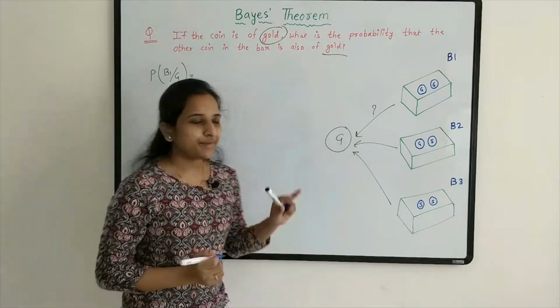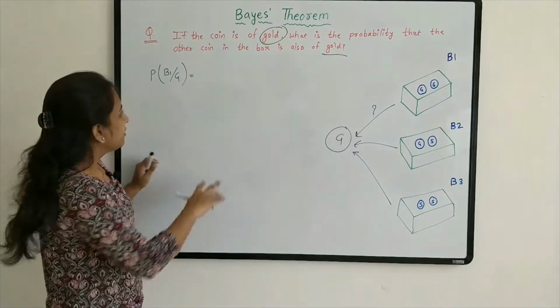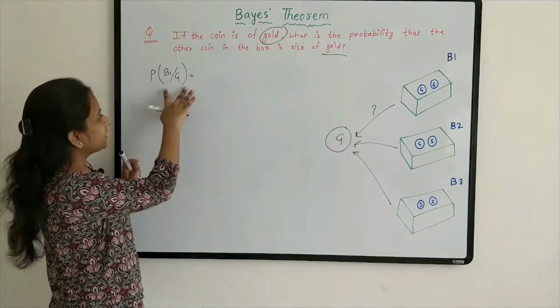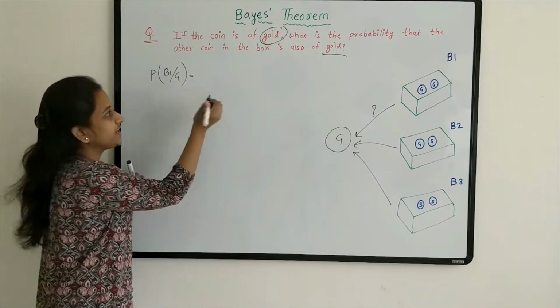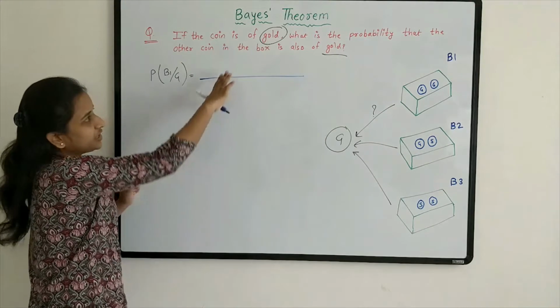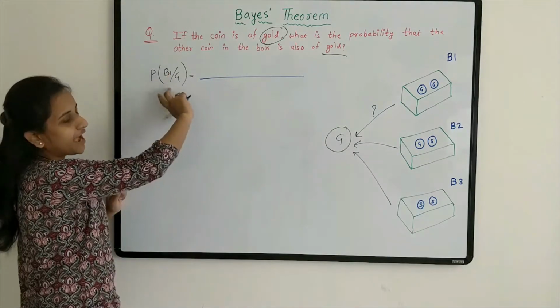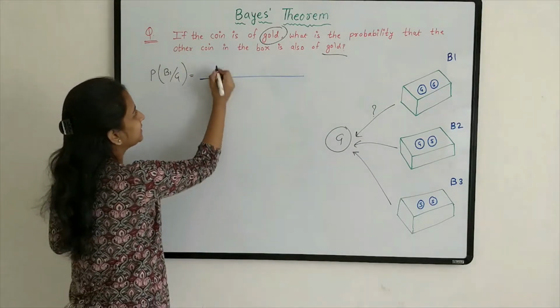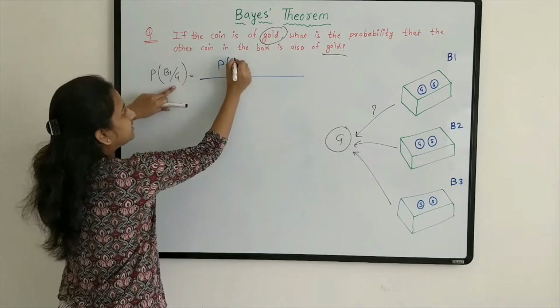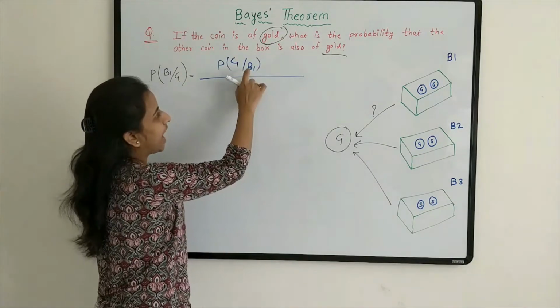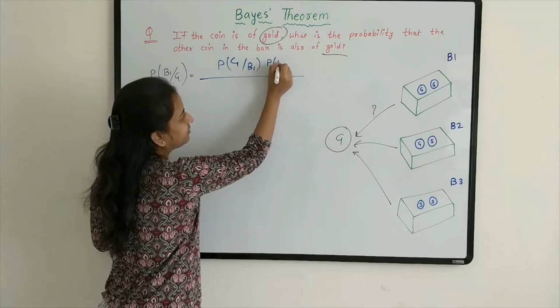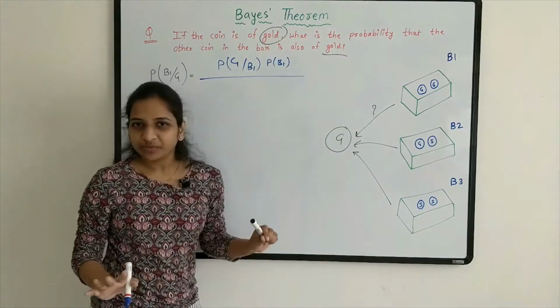Now let's apply Bayes theorem here. So what is our formula for this? Probability of bag 1 given that gold coin is already selected. So in the numerator we have to reverse this, right? So G given bag 1 into probability of the happened event, probability of B1. This is our numerator.